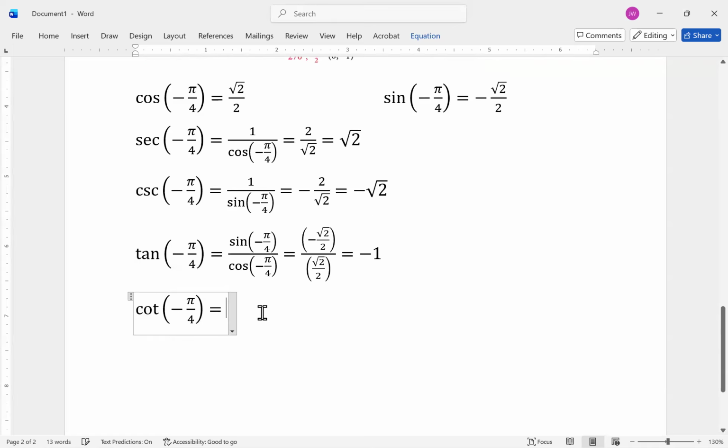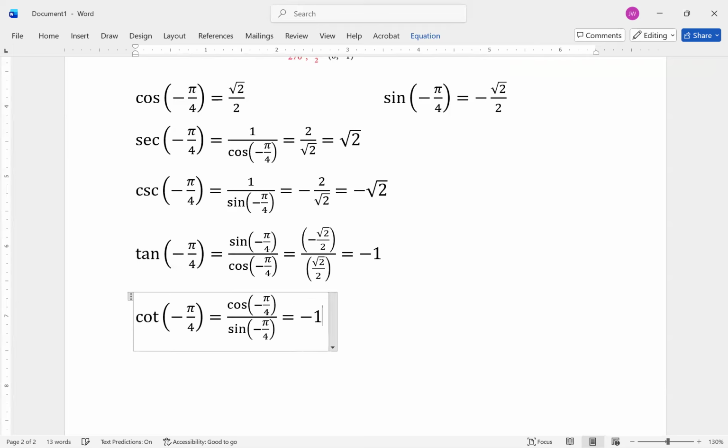In a similar way, cotangent is cosine over sine. So cosine of negative pi over 4 divided by sine of negative pi over 4. It's pretty easy to see that that is also going to give me a negative 1.